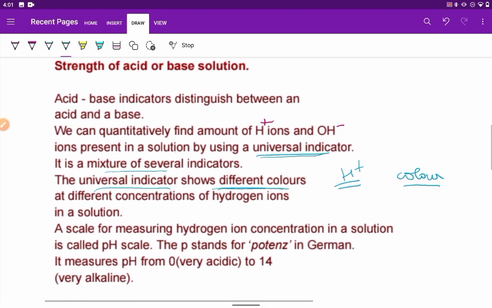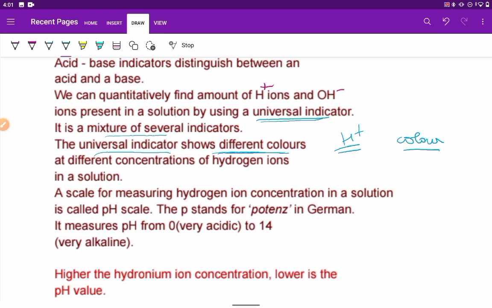Now, as we measure different physical quantities with different units, like length in meters, and there are also larger units like kilometer, similarly there is a scale for measuring the hydrogen ion concentration in a solution, how much hydrogen ion is there.